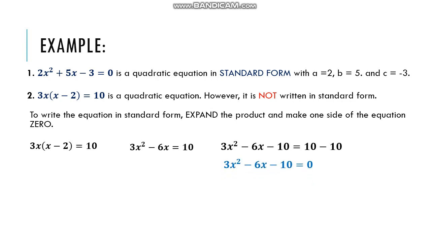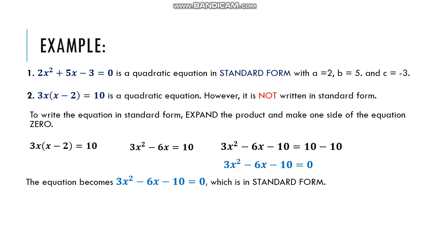It becomes 3x² - 6x - 10 = 0. Now the equation is in standard form, so we can identify a, b, and c. In the equation 3x² - 6x - 10 = 0, a = 3, b = -6, and c = -10.